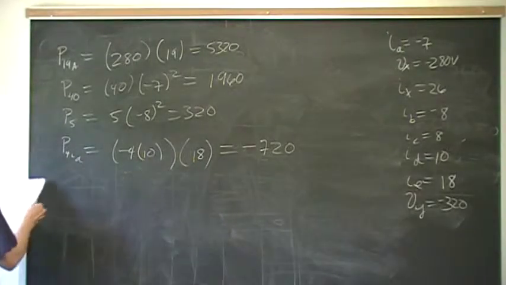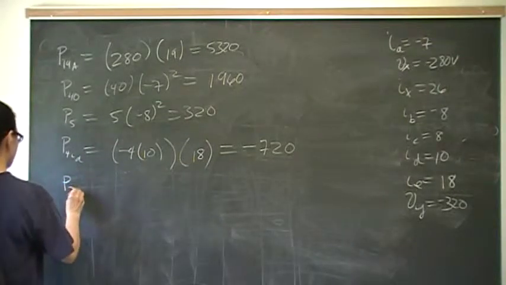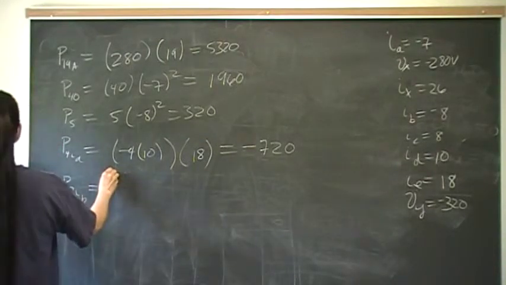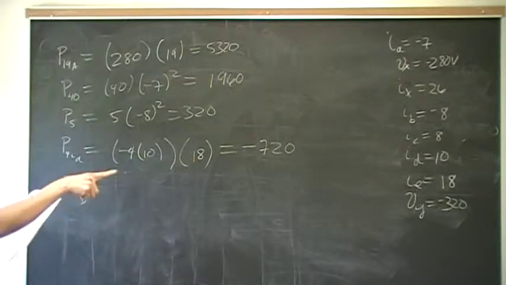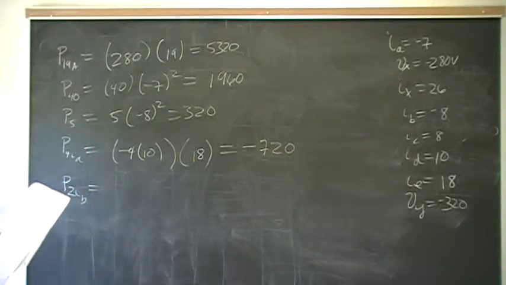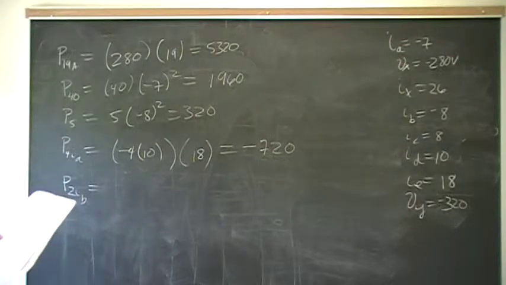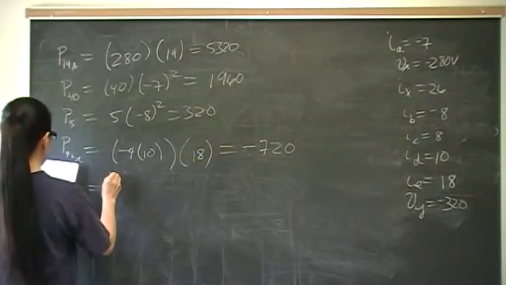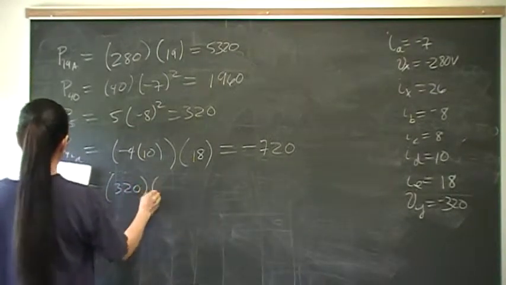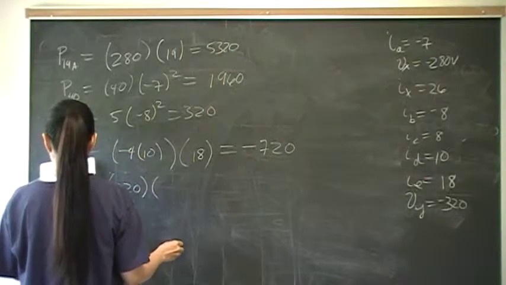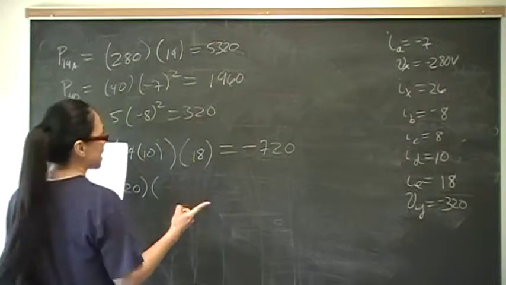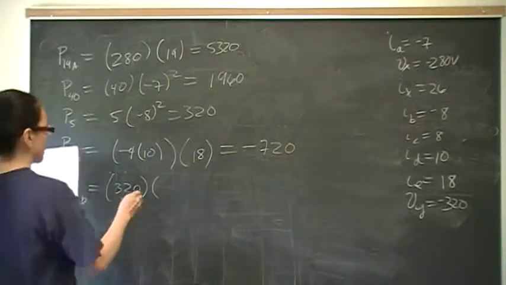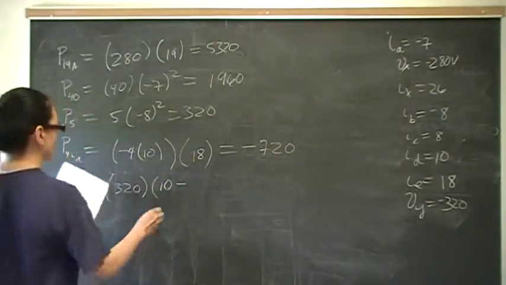Okay, so the next one is the current controlled dependent current source. VY is negative 720, but the net current is going in the negative terminal, so a negative times a negative is a positive.